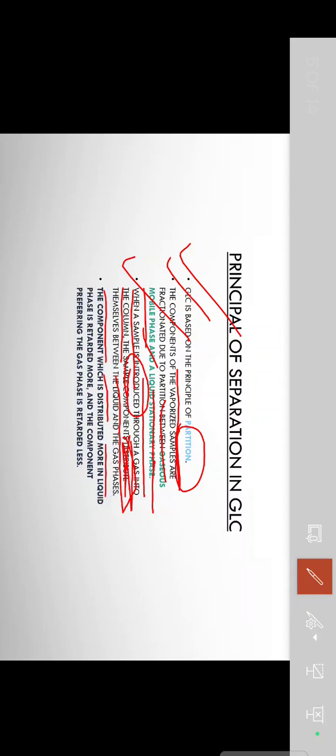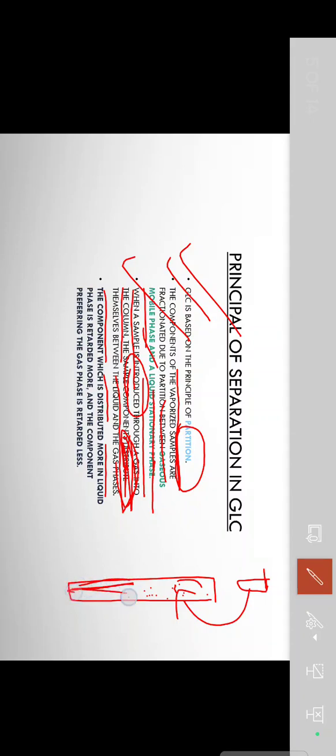Let's suppose it is a sample that is introduced through a gas into the column. Let's suppose it is the column and the sample is introduced through the gas. Then it distributes itself between the liquid and the gas phase. Suppose here it is liquid and here it is gas.